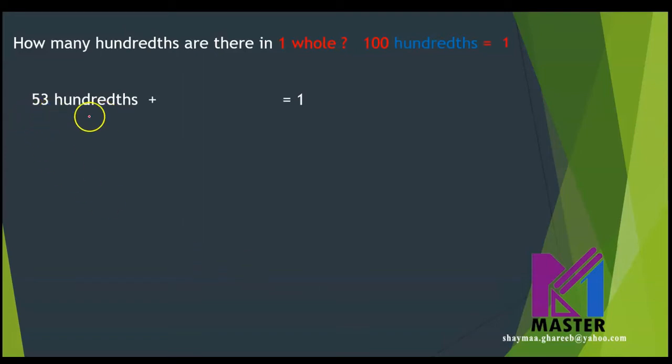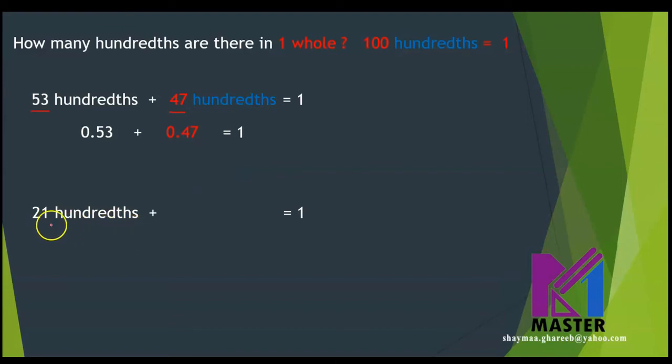If I have 53 hundredths, I need to complete it to 1, so I need 47 hundredths. So 53 and 47 makes 100 hundredths. So as a decimal, 0.53 and 0.47 equals 1 whole.